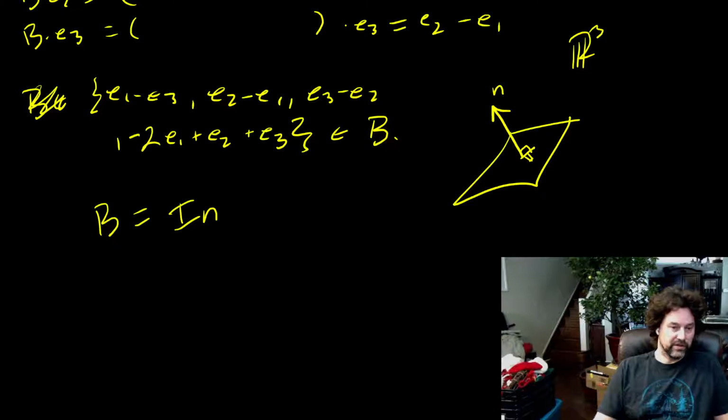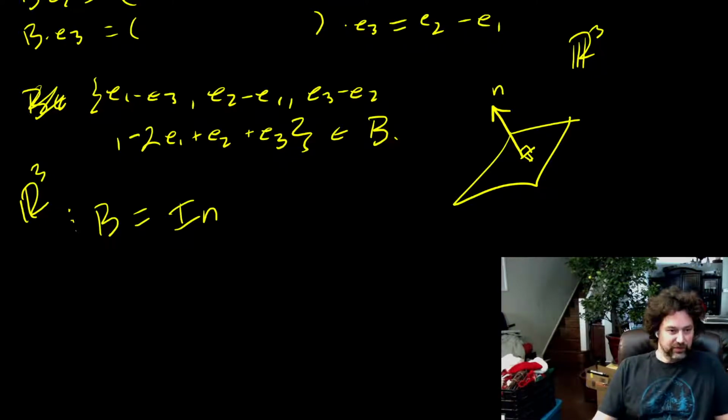So in R3, we can write B in terms of its normal, and this is why we have the cross product giving the normal to the plane.